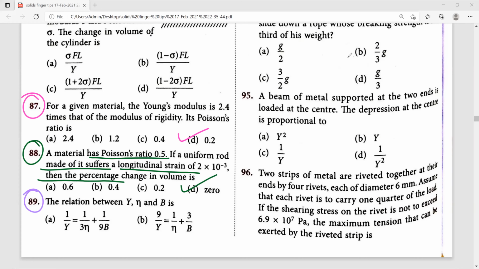89th one. The relation between Y, Young's modulus, neta and bulk modulus B. So that is given by the relation. So relation between Y, neta and B, that is given by 9 by Y is equal to 1 by B plus of 3 divided by neta ಅಂತ ಕೊಡ್ತೀವಿ. So Y ಅಂದ್ರೆ Young's modulus, B ಅಂದ್ರೆ bulk modulus, neta ಅಂದ್ರೆ modulus of rigidity.